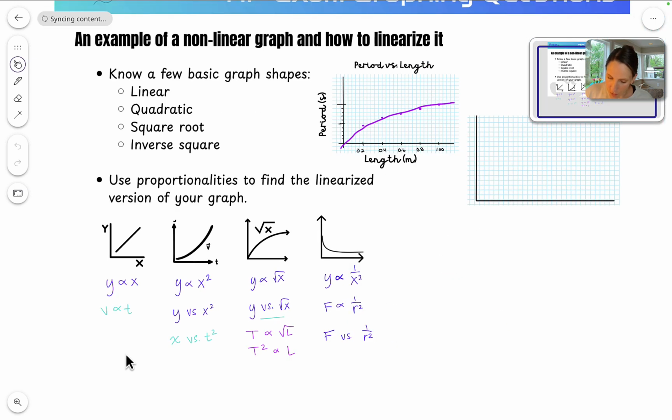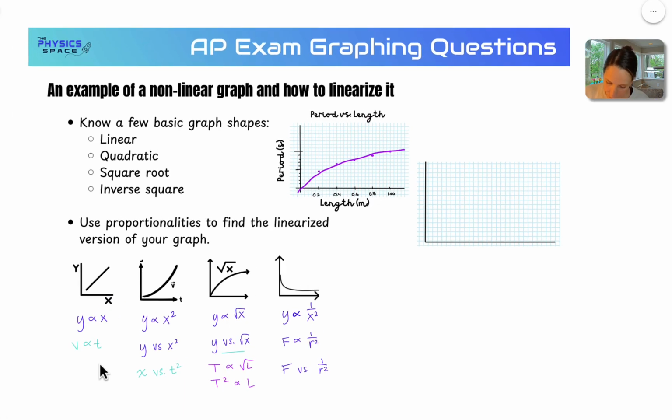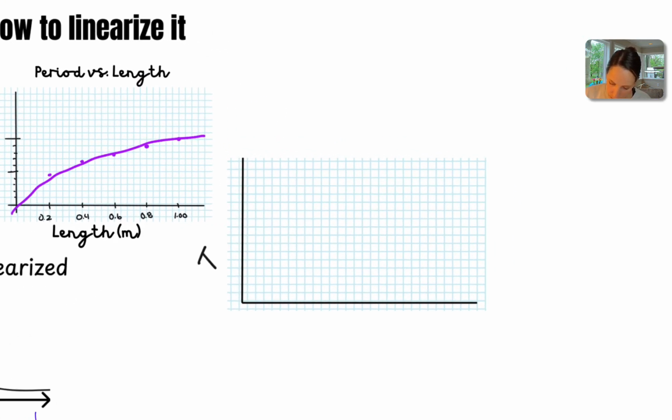So if we were to then create that linearized graph, we would be graphing t squared on our y-axis versus length on our x-axis, and that would give us a linearized version of that graph.